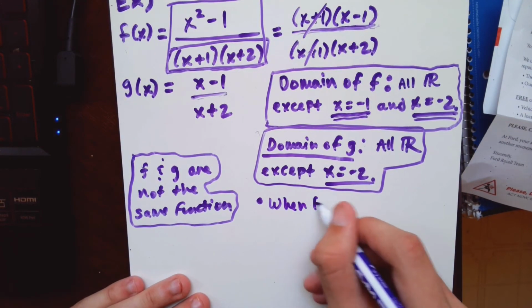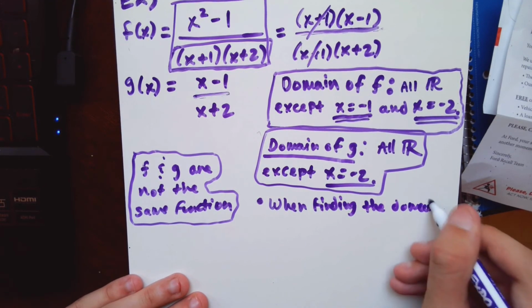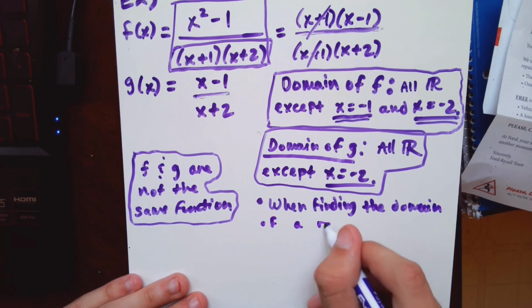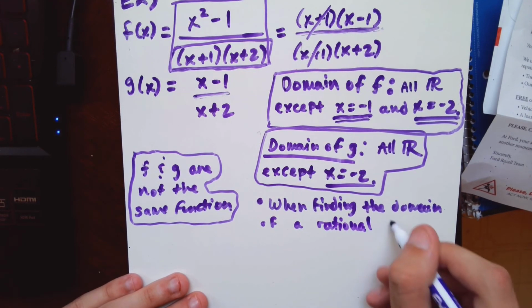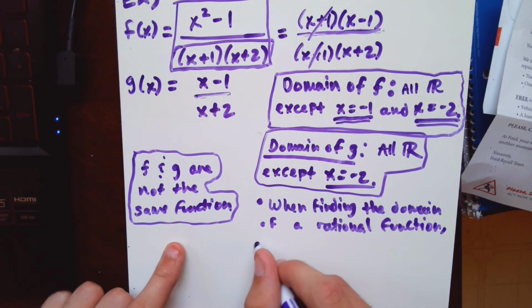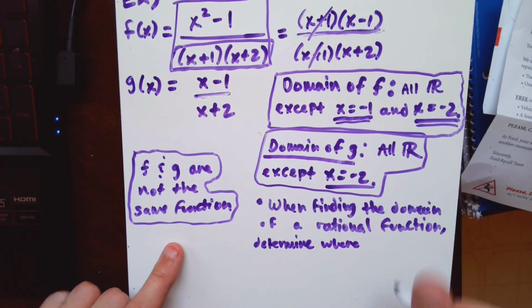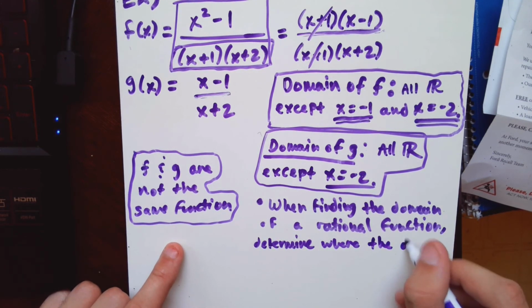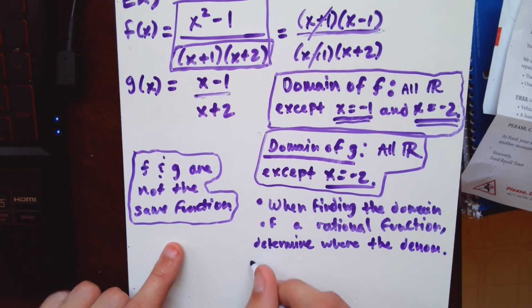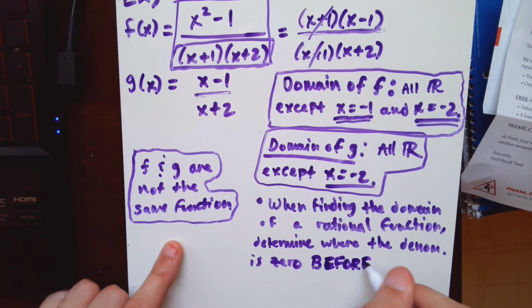When finding the domain of a rational function, determine where the denominator is 0 before simplifying.